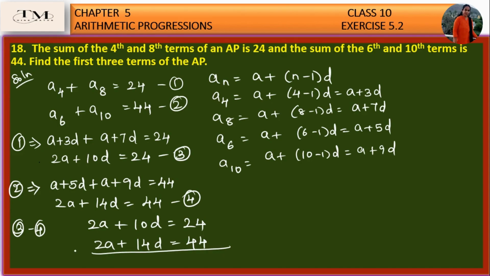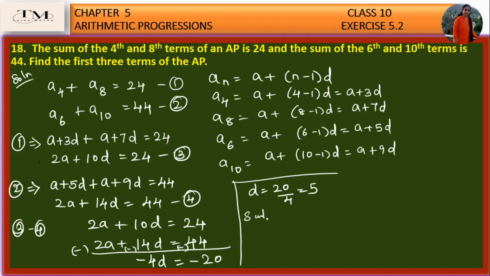So on subtracting, all the signs will be changed. So 2A minus 2A gets cancelled. 10 minus 14 is minus 4D. 24 minus 44 is negative 20. So both the negatives get cancelled. So D will be equal to 20 divided by 4, which is 5.